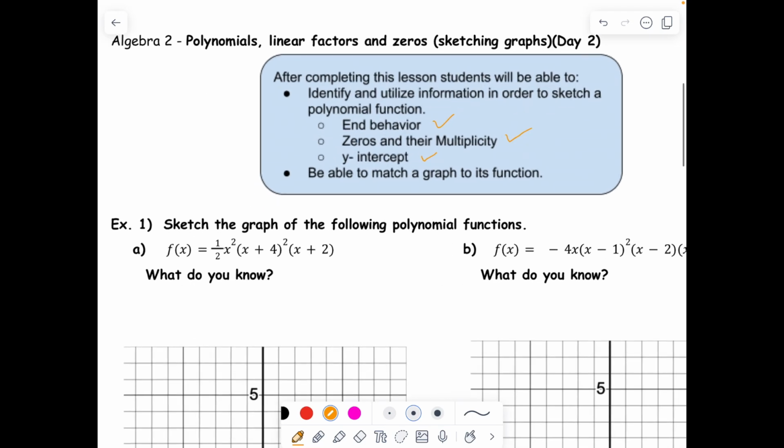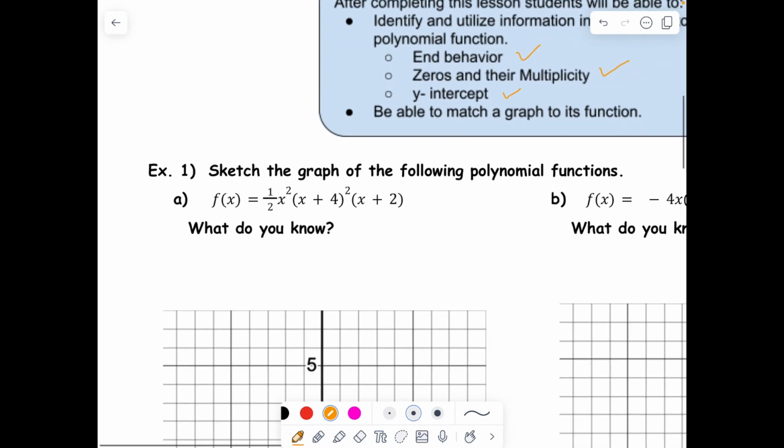When we're looking at this, we want to look to see what the degree is. So the degree is 2 plus 2 plus 1, so the degree is 5. So we know that this is odd, and we know that the leading coefficient is 1/2, which is positive.